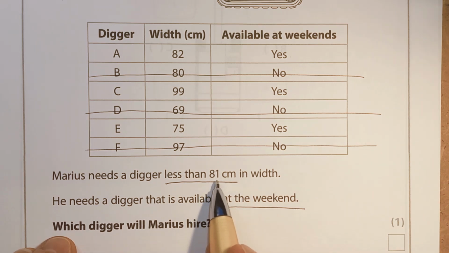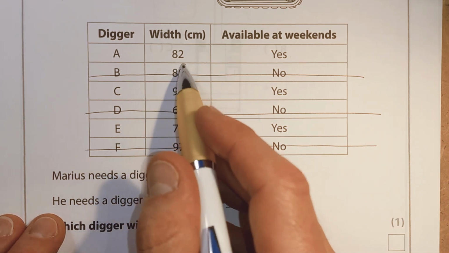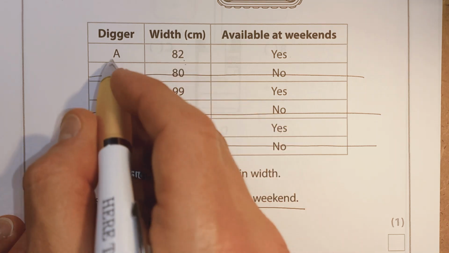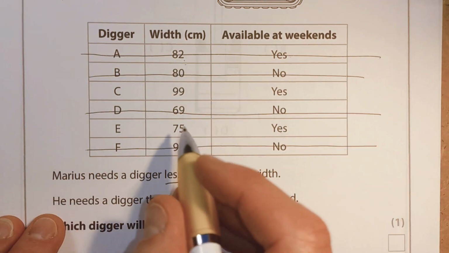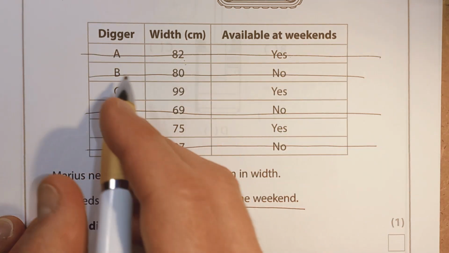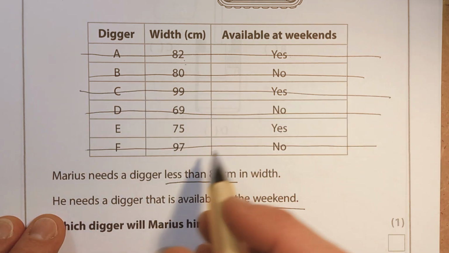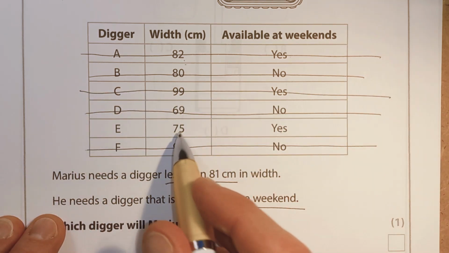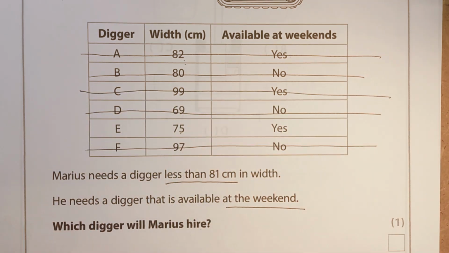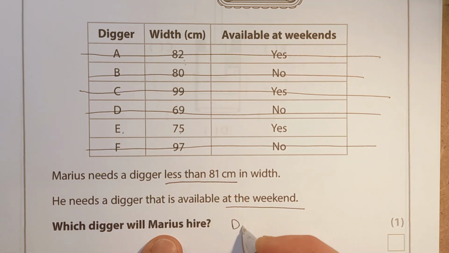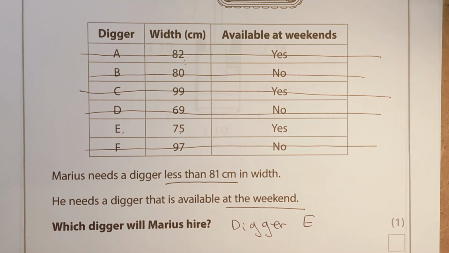Now it needs to be less than 81 centimetres. 82, that's more than 81. So it can't be that. 99, that's more than 81 as well. We've got one left, 75, which is less than 81. So Marius will hire digger E.